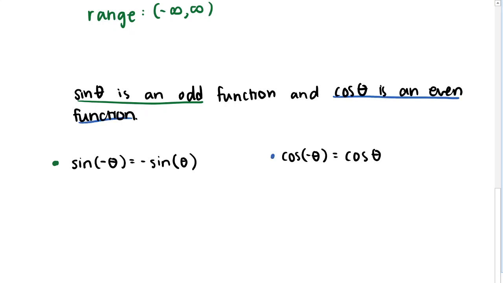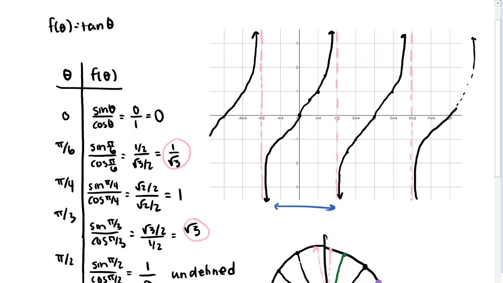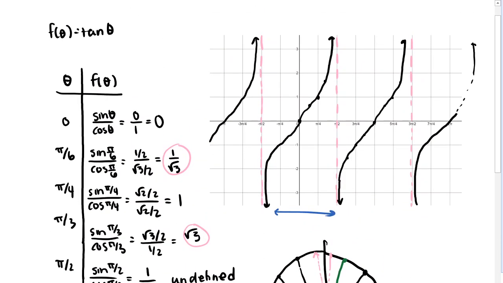And one way we can interpret a function being even is that it's symmetric about the vertical axis, whereas a function is odd if it's symmetric about the origin. And so if I look at the graph of my tangent function above, it's not symmetric about the vertical axis, right? If I reflect my graph over this line here, I don't get the same graph, and so that's telling us that this function is not an even function.